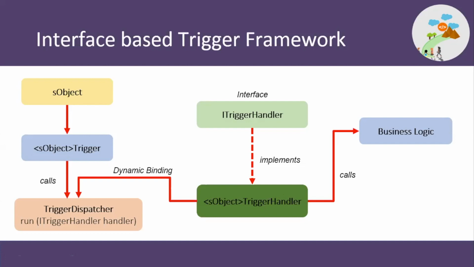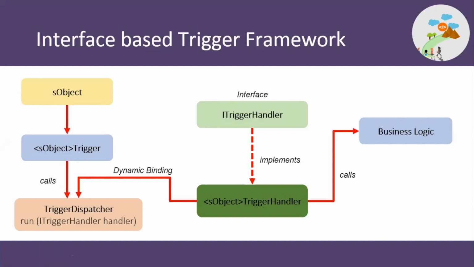And that particular trigger handler can have pieces of code to invoke specific pieces of business logic. Okay, so I know it could be a little overwhelming at the start, but believe me, it's not that complicated. Let's just go and actually see this in action.